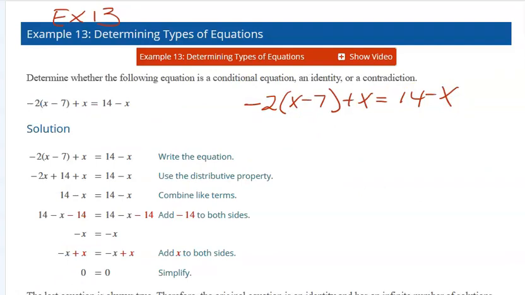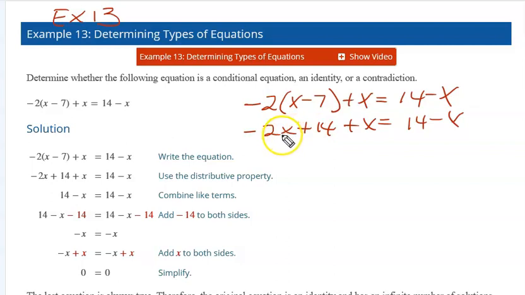Now, in our last example, again, example 13, write the equation. We're going to get rid of grouping symbols. This is a negative 2x plus 14 plus x equals 14 minus x.